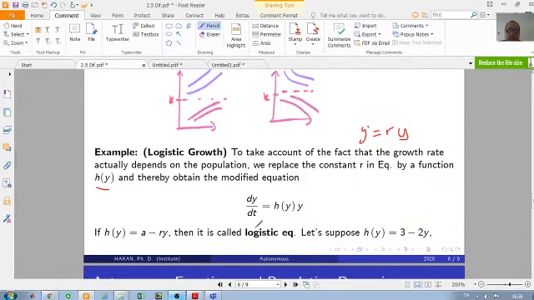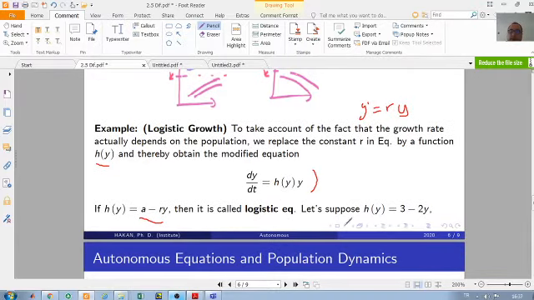So here we have a special case of this modified equation by writing a minus r times y for h of y. Then the modified equation is called the logistic equation, which states the logistic growth of the population. If you write a linear function of y for the constant of proportionality, we obtain a special case that states the logistic growth of the population.